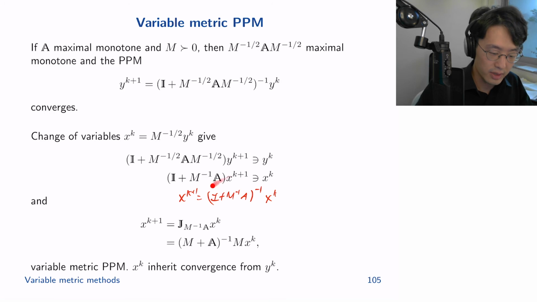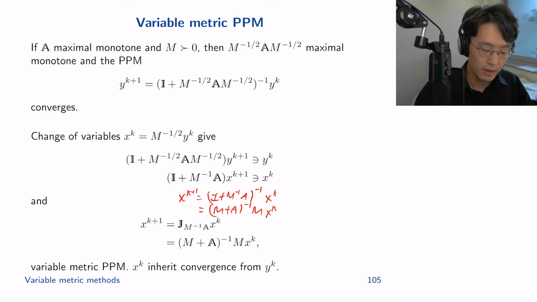This is nothing but the resolvent with respect to M^{-1} composed with A. So we can write the fixed point iteration in this way. And we can also write this as (M + A)^{-1} M x_k, by multiplying out the M inverse.